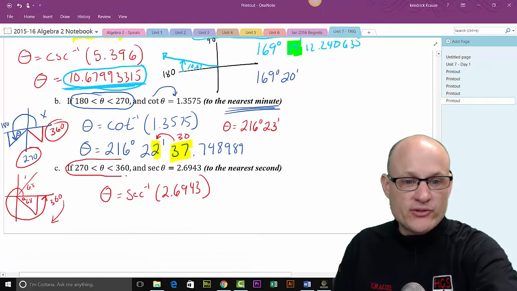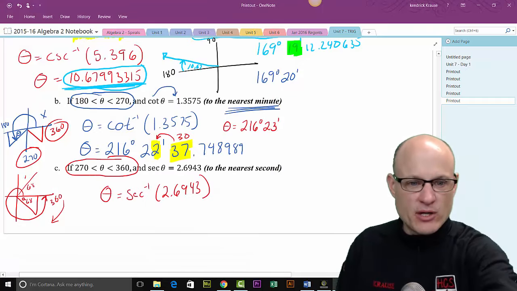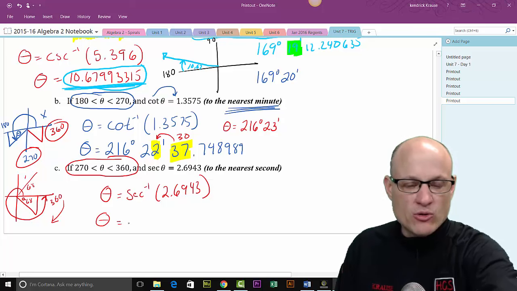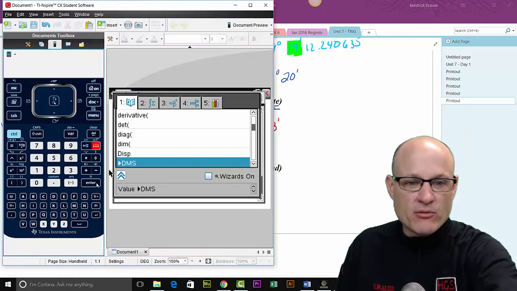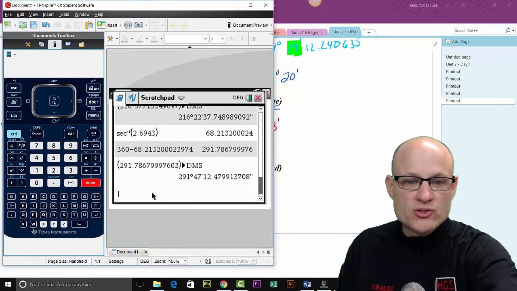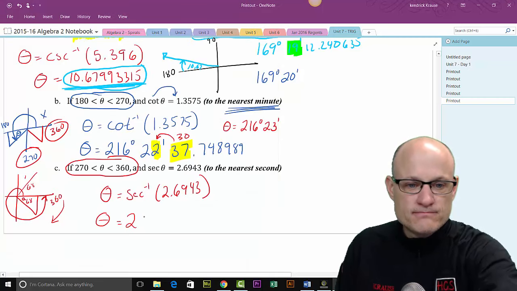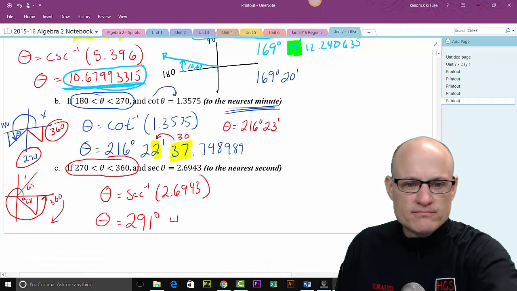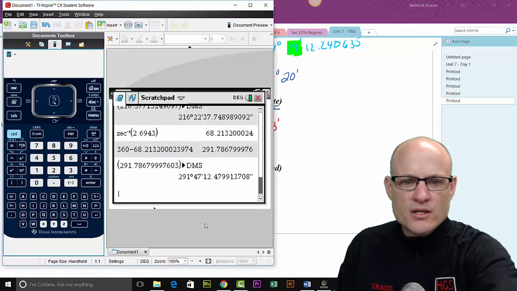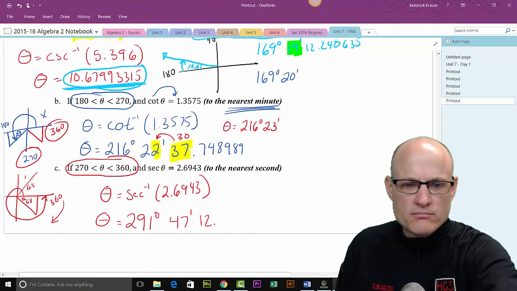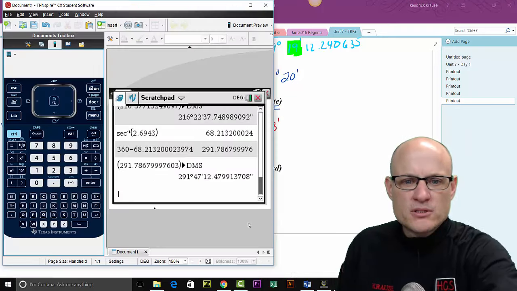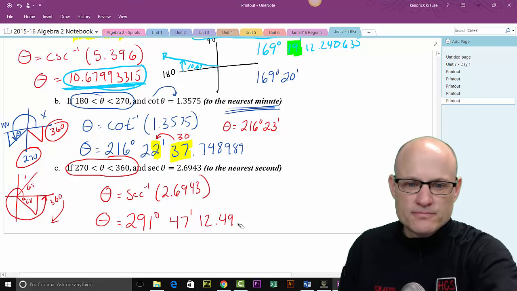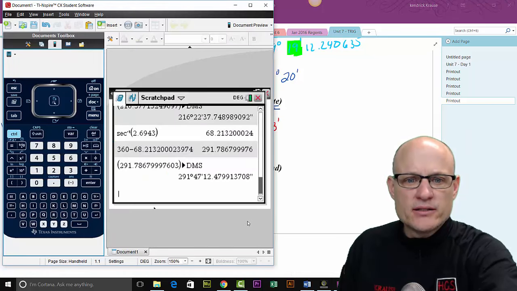So theta equals, now I'm going to DMS this, and I'm going to write down exactly what I see. 291, 47, 12.479, shoot, 12.47999137.